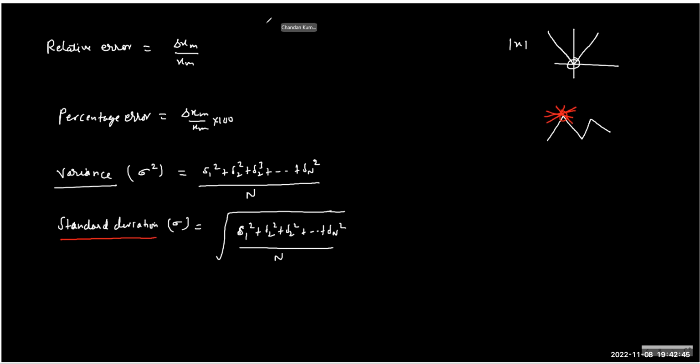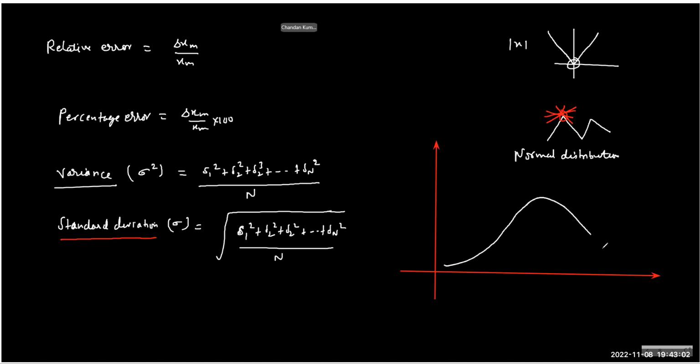Okay. So we have something called normal distribution, which is very particular in nature. So nature will always have some bell-shaped curve, and this is called the mean value.